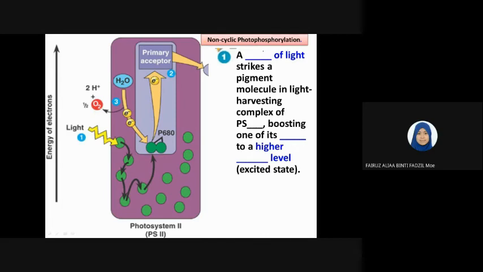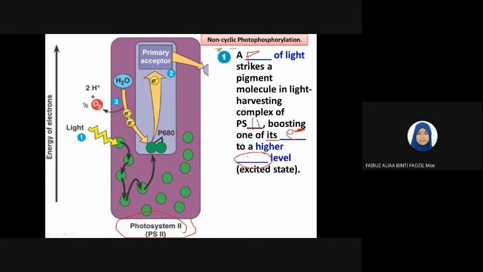Step number 1, photon. Okay, good. A photon of light strikes a pigment molecule in the light harvesting complex of PS2, boosting one of its electrons to a higher energy level.